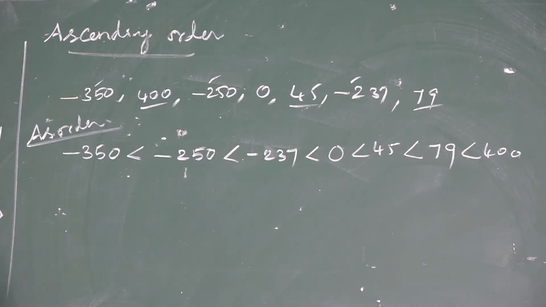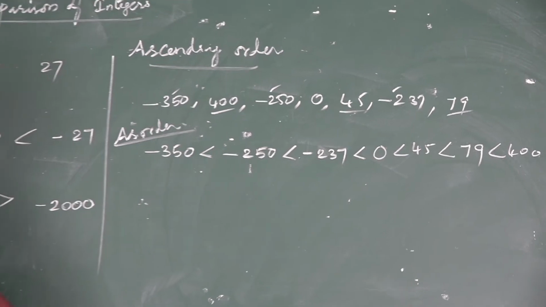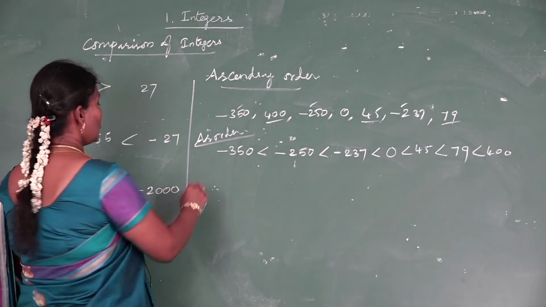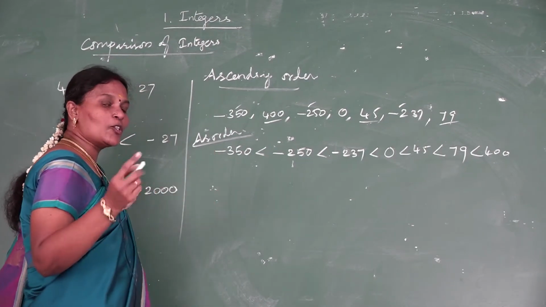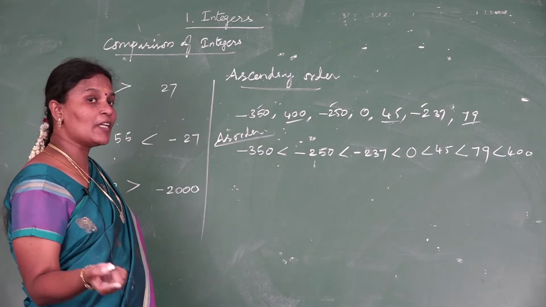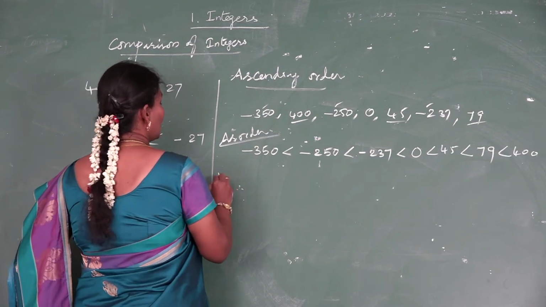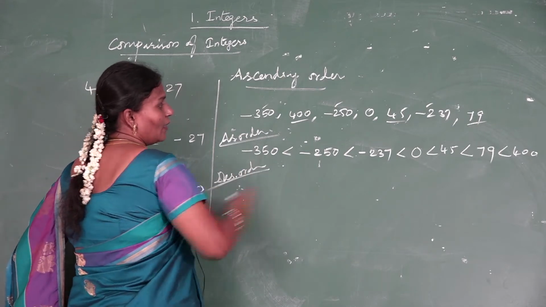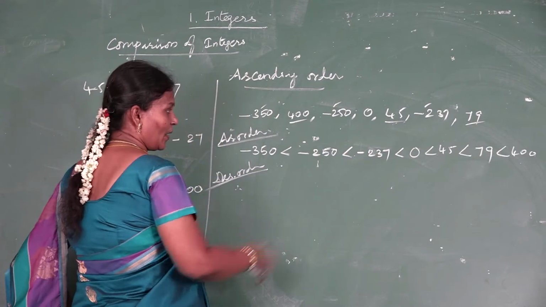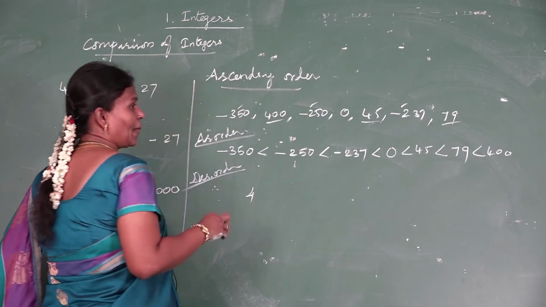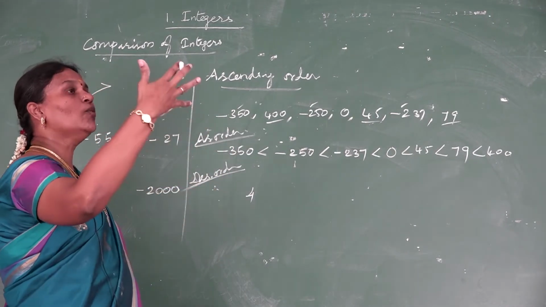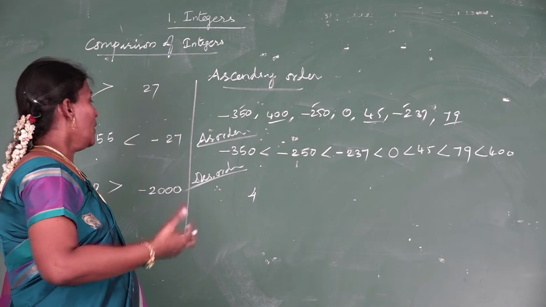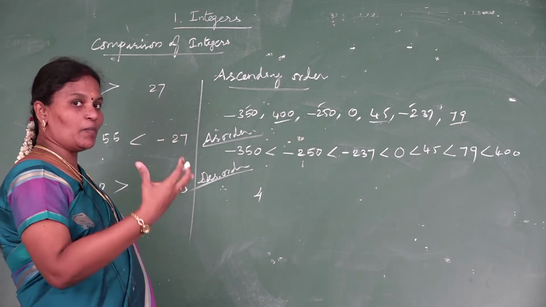Good. Now the same numbers you have to write in descending order. That is the opposite of ascending, the reverse of ascending order. Descending means arranging big to small. So write in reverse. Comparing positive, negative and 0, in descending order, positive comes first.